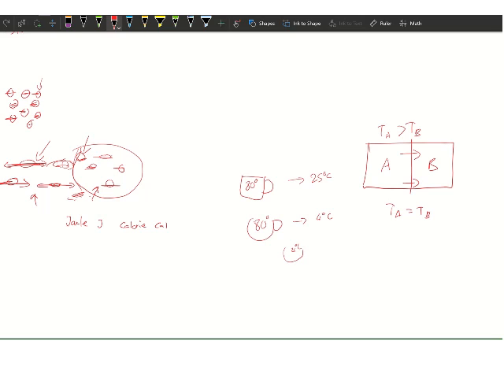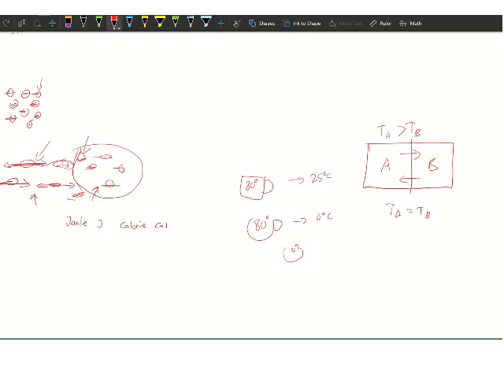At this time, it's not that there is no heat transfer at all. There is still a process of heat transfer. Only that the amount of heat transferred from A is about the same as the amount of heat transferred towards B.